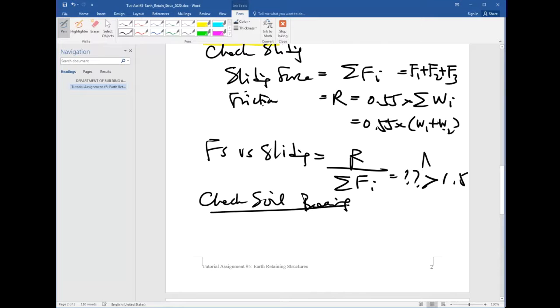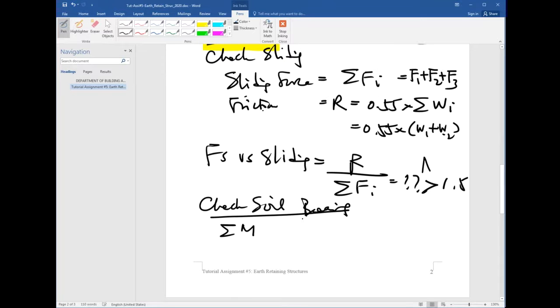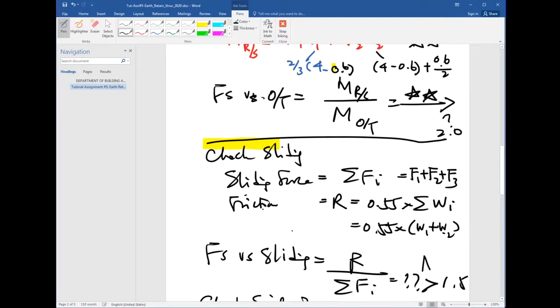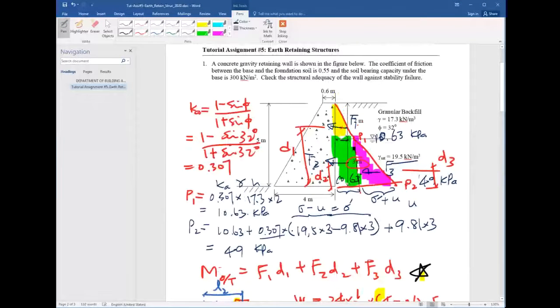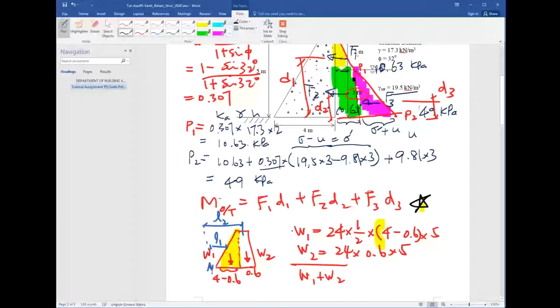Now, if you take the moment about the midpoint, so where's the midpoint?